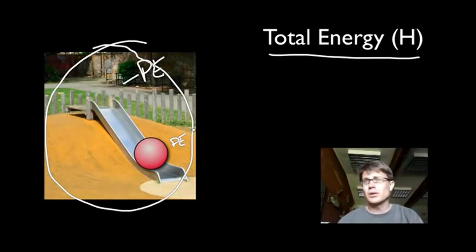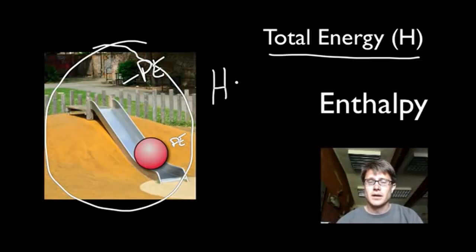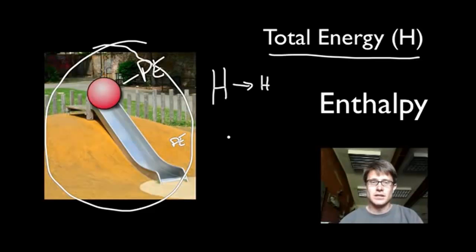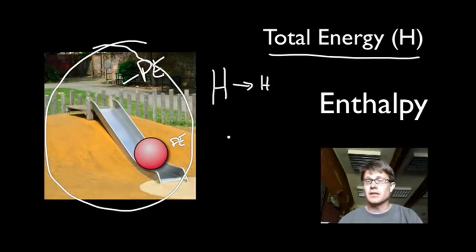So the total energy of the system, we'll call that H, or enthalpy, has gone from a big H to a little h. In other words, the total energy of the system has decreased when the ball rolls down. Now, if I had to push it up again, then we would add energy to the system. But this is a spontaneous reaction, and the enthalpy, or the total energy, is decreasing.